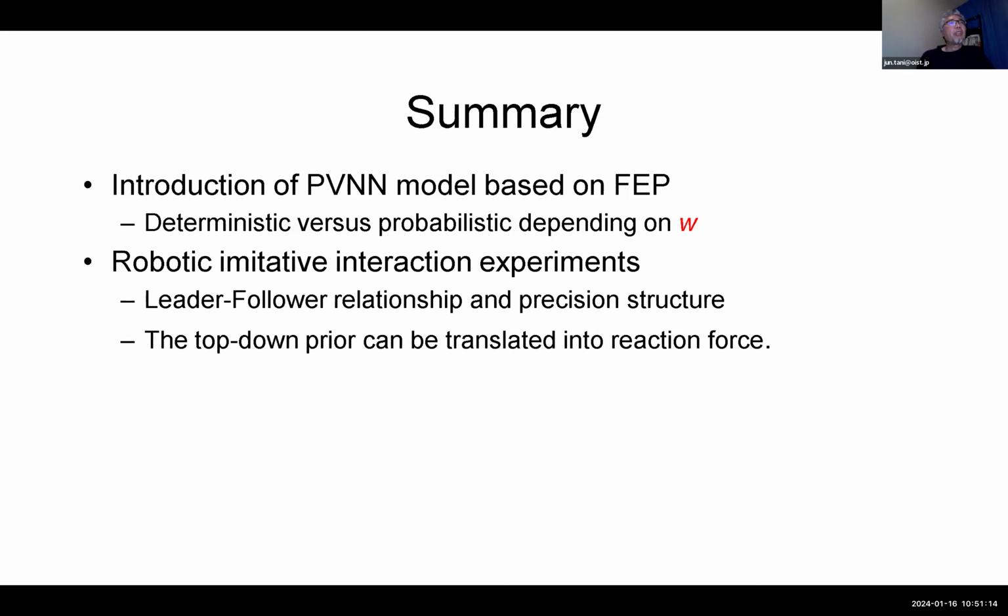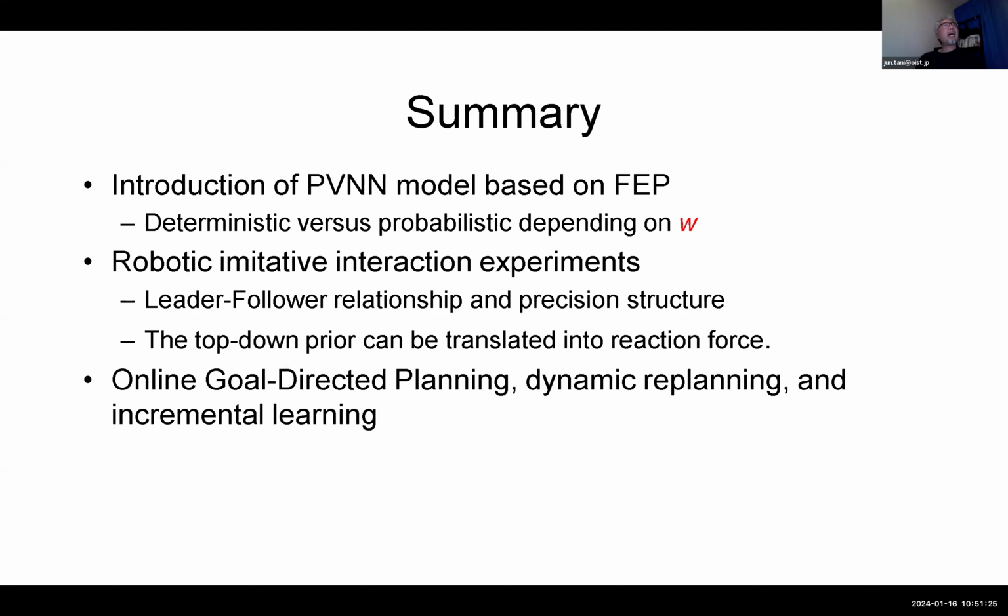I also showed that the top-down prior can be translated into the reaction force. Finally, I showed briefly online planning, dynamic planning, and incremental learning.